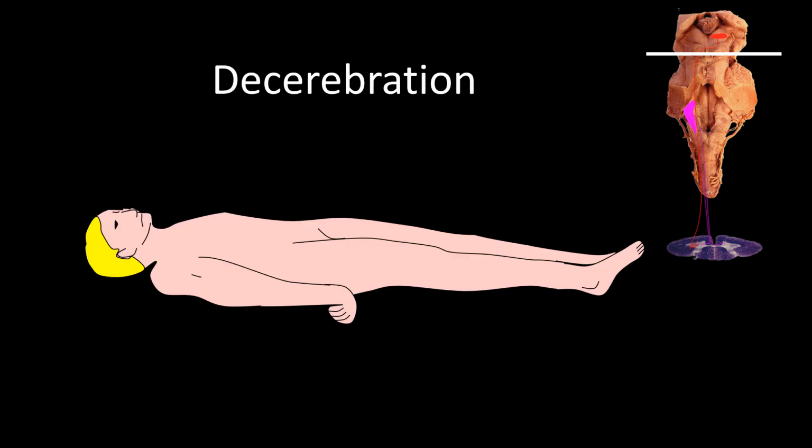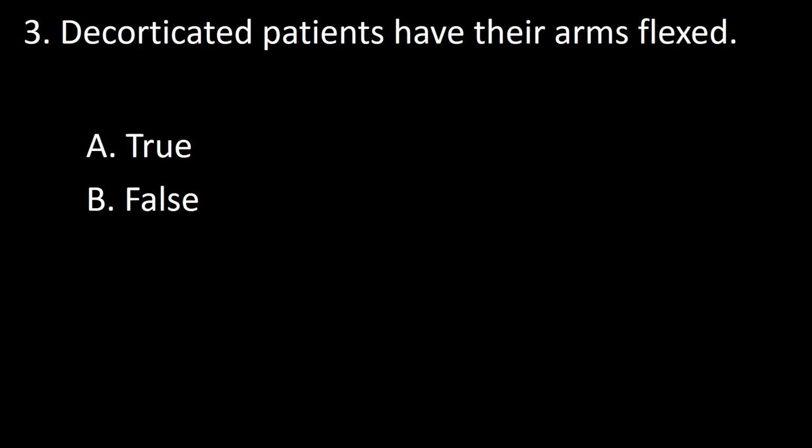With midbrain involvement, the red nucleus flexion facilitatory influence disappears, and the vestibular nucleus extensor influence prevails, producing decerebration characterized by upper extremity extension and leg extension. So the answer to this question is A, true.